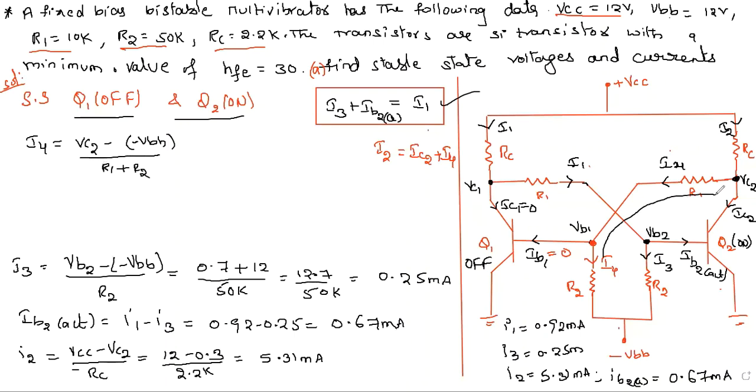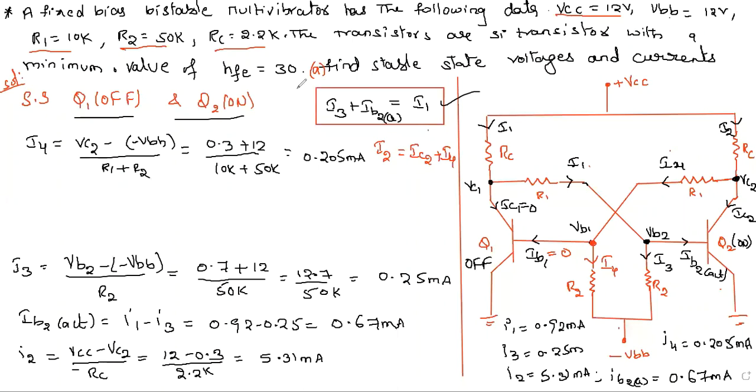That is VC2 is 0.3, minus of minus is plus, so 12, divided by R1 10k plus R2 50k. So the value of I4 is 12.3 divided by 60k, which is 0.205 milliamps.